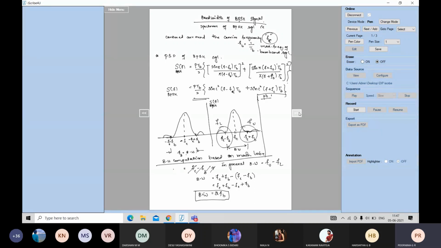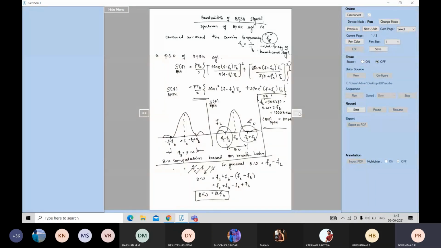The bit rate is 500 kilobits per second, so FB is 500 kilohertz. Bandwidth is equal to 2FB, which is 1000 kilohertz, so the bandwidth of BPSK is equal to 1 megahertz.